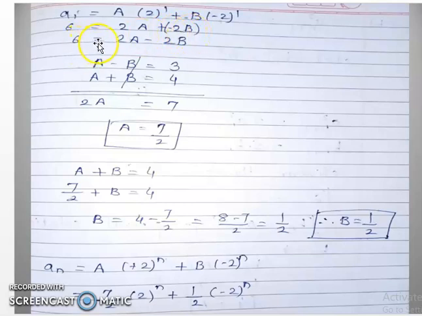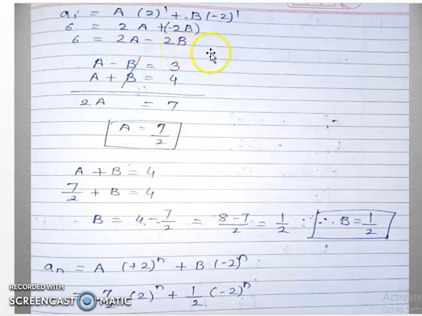Then 6 is equal to 2a minus 2b. From this second equation, if the whole equation is divided by 2, we get the next equation as 3 is equal to a minus b.